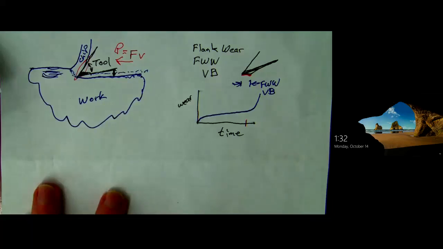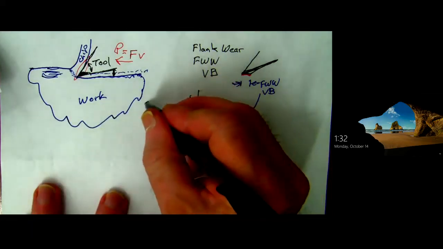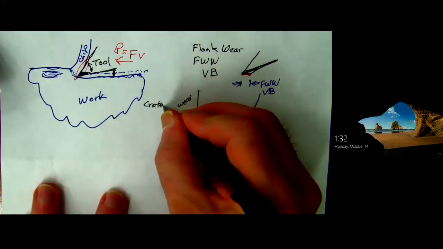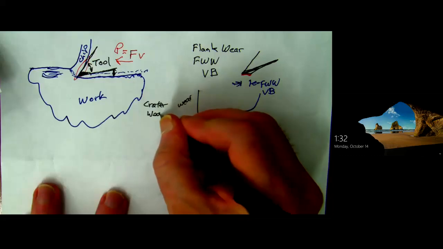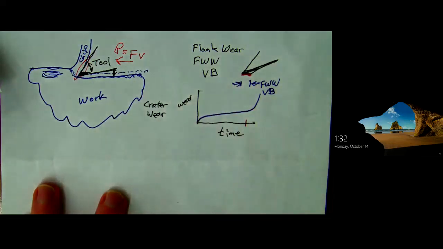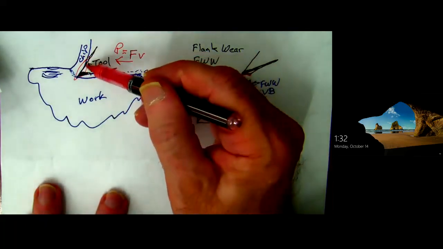And that will cause what is known as crater wear. And surprisingly, it's not hottest at the very tip, which you would think, which actually is good for us. But it's going to cause a problem in here.